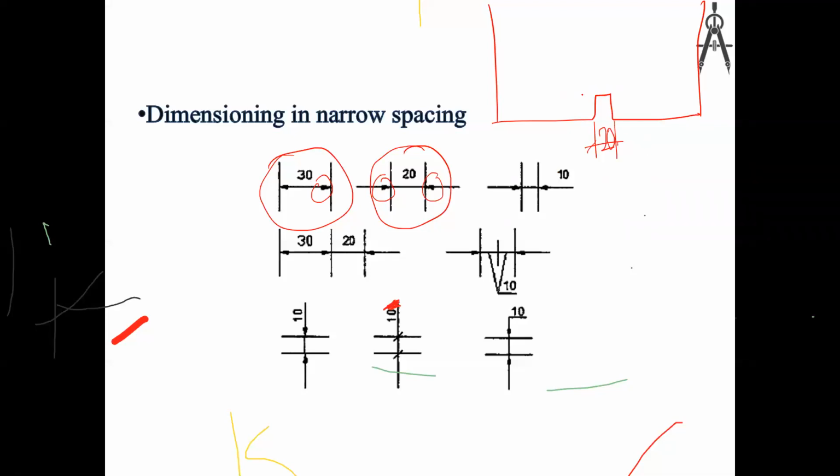Otherwise, if you can't, you have to write outside of the gap, using arrows from the outside. So this also you can show: this part and this part are 10 millimeters.